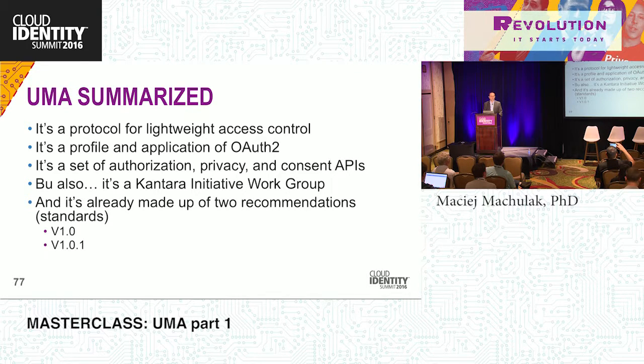It's also a Kantara Initiative work group, so if you would like to contribute, you're more than welcome. And it's already made up of two recommendations/standards. Just at the end of last year, version 1.0.1 was released.